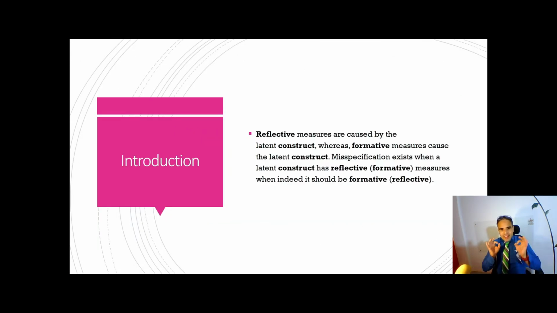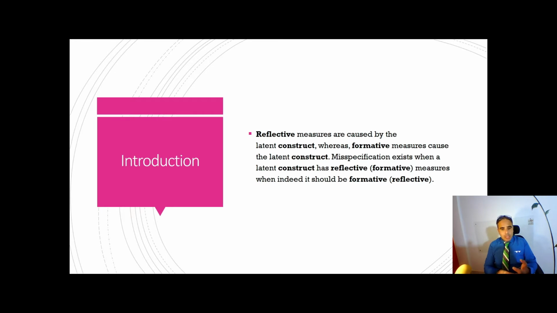Reflective measures, as I mentioned, are caused by the construct. For example, organizational culture. This is a major construct, the main construct under which come, for instance, employee behavior or ethical behavior.